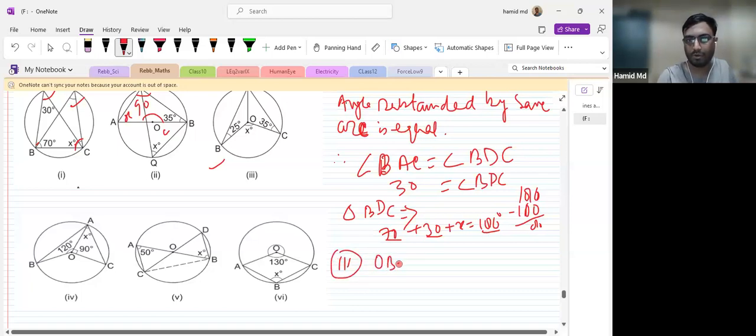OB is equal to OA, right? If two sides are equal, then this is an isosceles triangle, and that leads to angle ABO being equal to angle OAB, right?